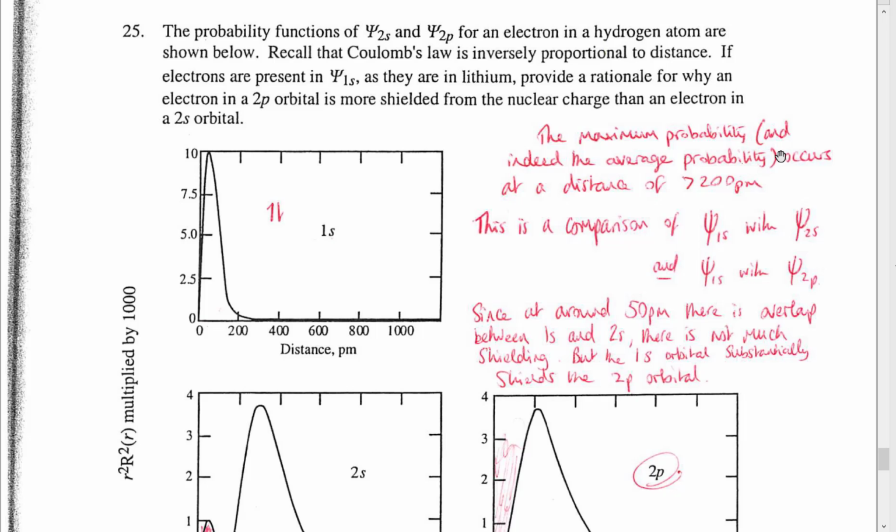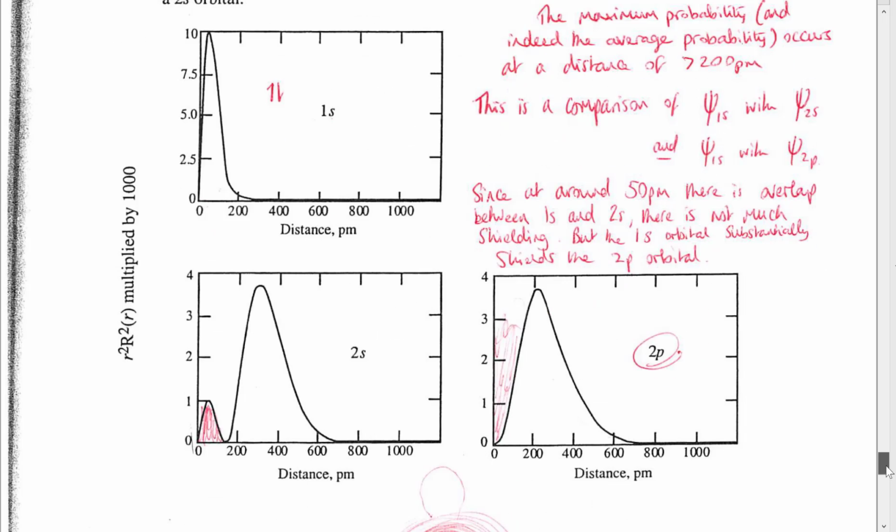So what are we asked to do here? We're asked to compare the shielding between psi 2s and psi 1s with the shielding between psi 2p and psi 1s. And the way I like to think about this is if we look at that 1s electron density, we look at this probability density.